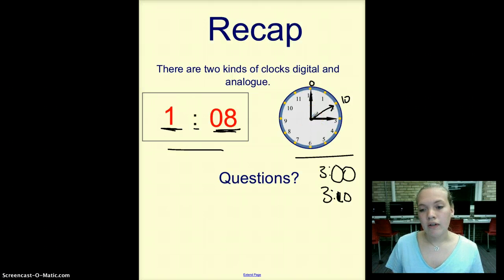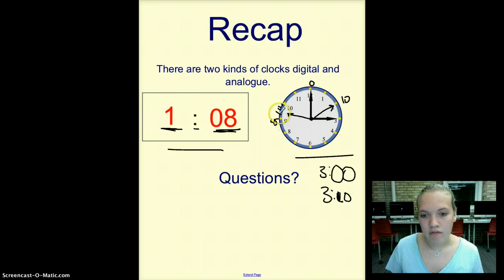So now, one quick thing I'm going to go over. If the minute hand is in between a number, like let's say it's right here, we count our 5s all the way around. We did this before. This is 45. Okay, so 5, 10, 15, 20, all the way to 45. Then we have to count the individual spots in between.